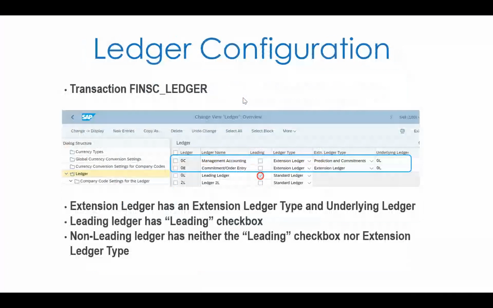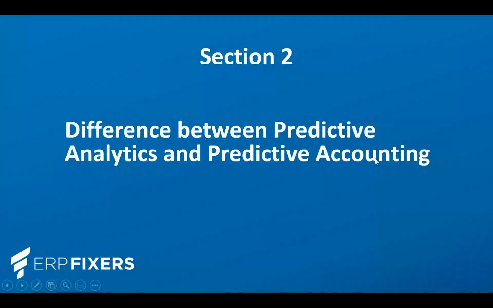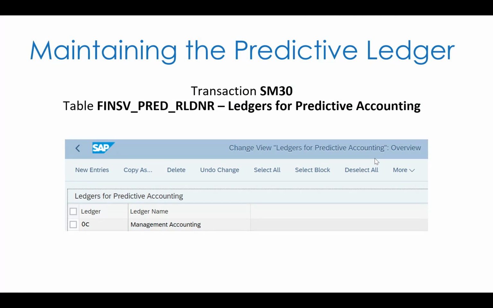I'm going to go up a few slides here. Just like I defined in table FINC_LEDGER, this has to be done first. You have to have your ledger defined as an extension ledger and as a prediction and commitments ledger, and the underlying ledger, first. Then the system recognizes that as an extension ledger.